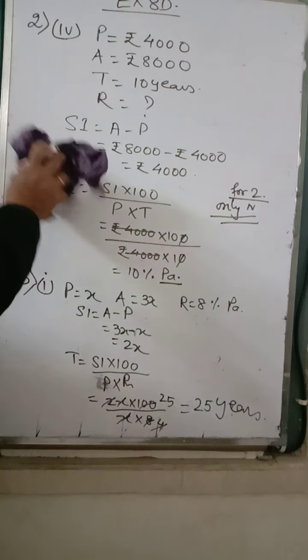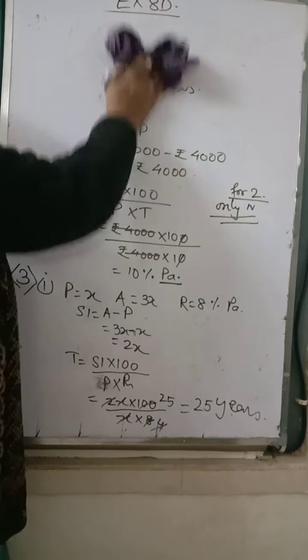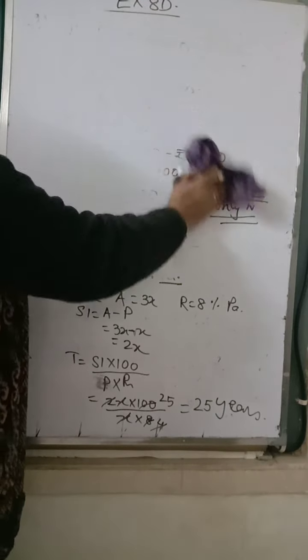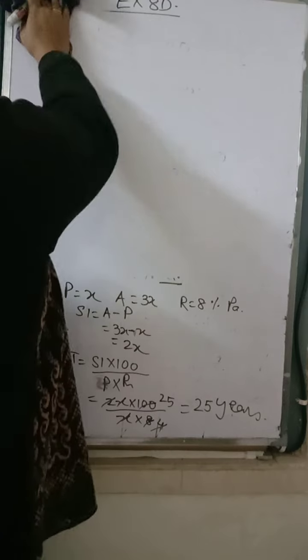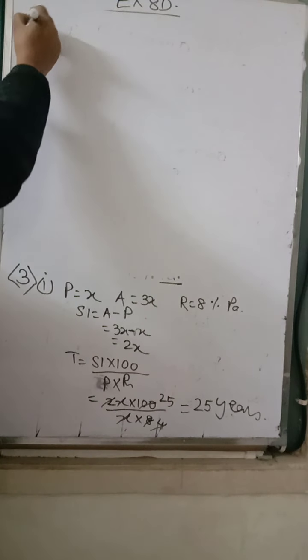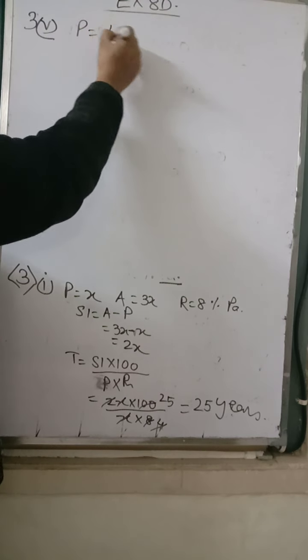Now we'll do question number 3-5. Question number 3, Roman number 5. Principal rupees 800.